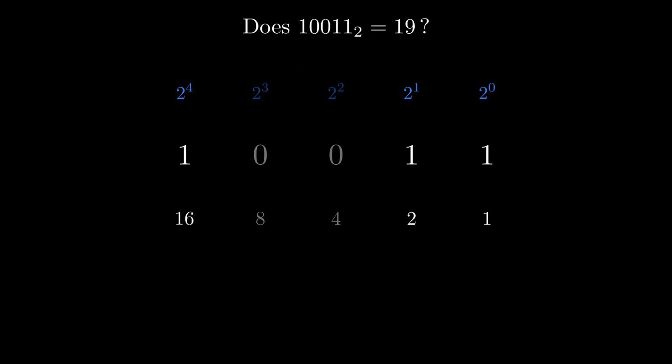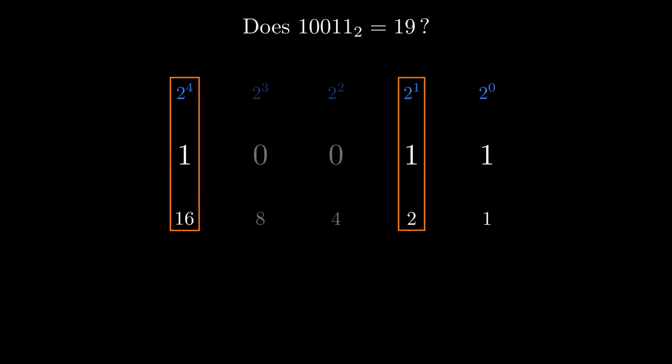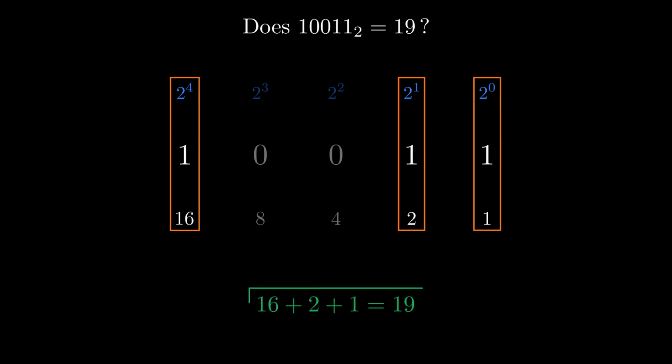Now add up only the positions holding a 1. The leftmost one contributes 16. The next two positions are zeros, so they contribute nothing. The next one contributes 2, and the rightmost one contributes 1. 16 plus 2 plus 1 is 19. The digits check out perfectly. That is exactly the value we started with.